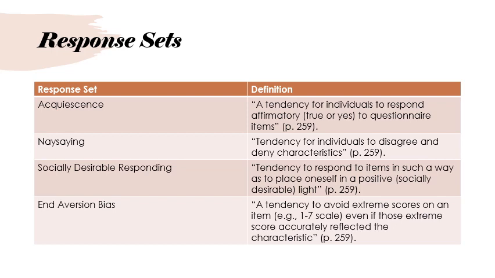Another type of response set is called the end aversion bias, and this is a tendency to avoid extreme scores on an item that's a 1 through 7 scale, even if those extreme scores accurately reflect the characteristic. So when we're talking about end aversion bias, a lot of times we'll see this with Likert scales, where people don't want to hit 1 where it says none of the time, and they don't want to say 7, that's all the time, even if that accurately represents their experience.